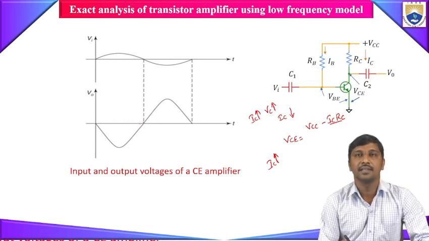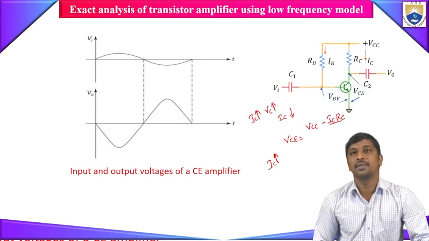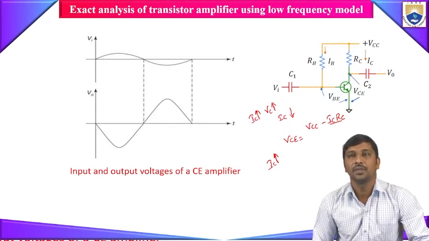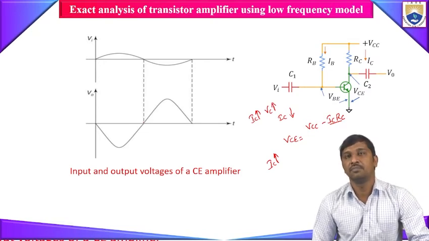So, from this analysis, in a common emitter amplifier, the output voltage is 180 degrees phase shifted with respect to the input signal. Now, by using this amplifier analysis, we are going to represent the small signal model to observe parameters like the current gain, voltage gain, input impedance, and output impedance.